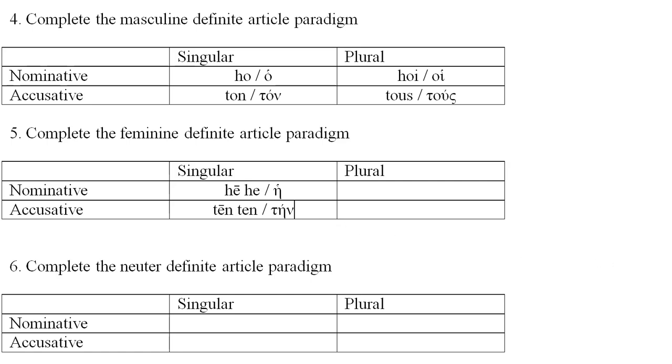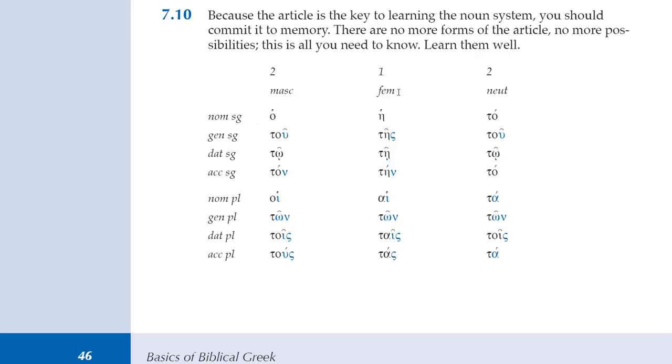We can see that on our chart here, again on page 46, and we see that right here: feminine and then accusative singular. We'll come down and pick up our nominative plural. So feminine, nominative plural, that's going to be hai.